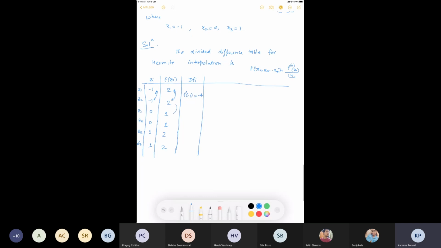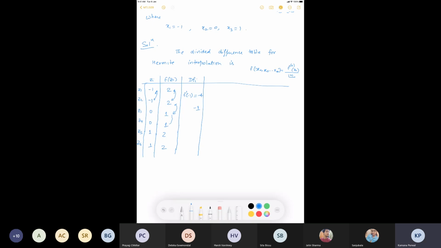Now here I can compute the divided difference of f of x1, x2 by simply applying the standard formula: take the difference of these two and divide by the difference of the consecutive entries. This is going to be 1 minus 2 divided by 1, so this will be -1.